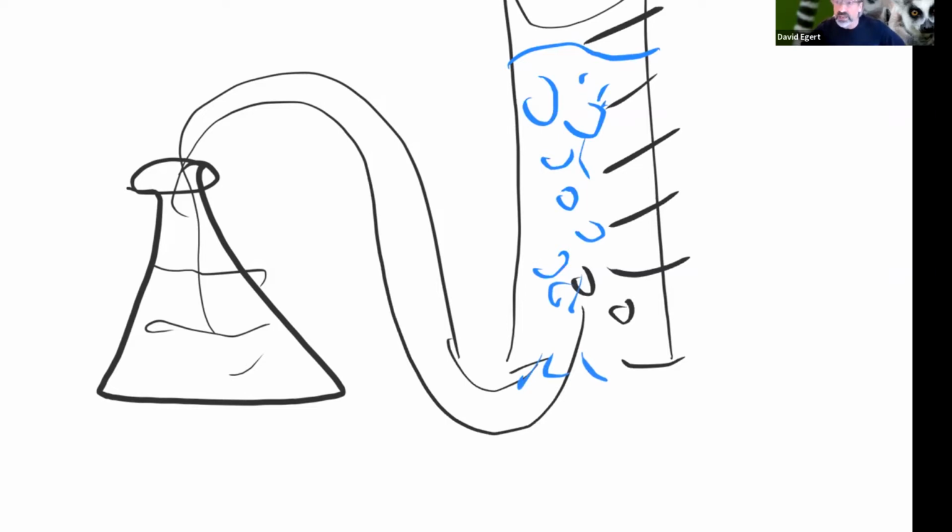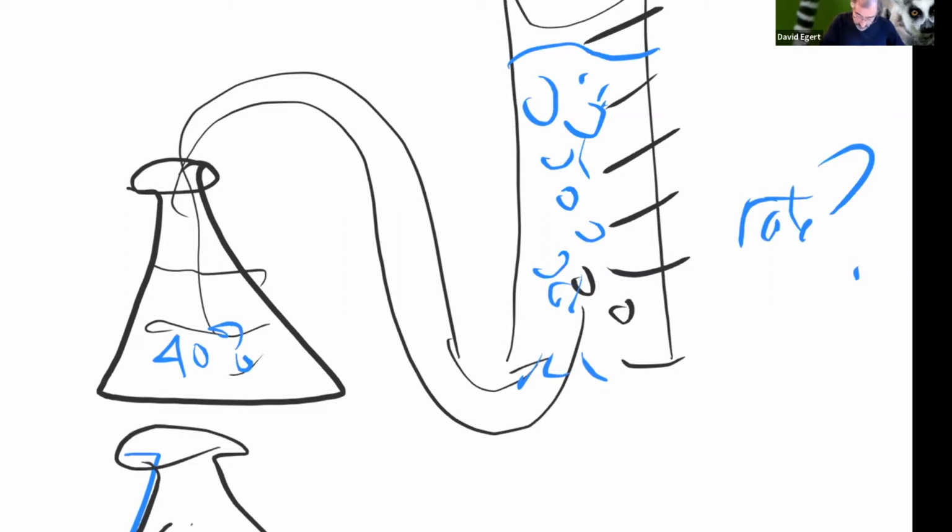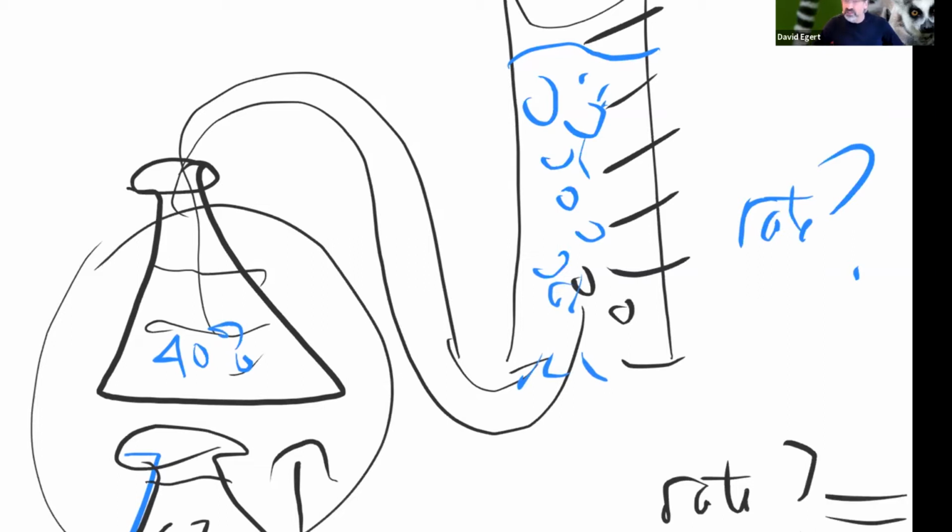The only way I know that I'm at saturation is I do the same experiment at, I don't know, like 40% concentration. What is the rate? I do the same experiment, except now it's at like 60% concentrated substrate. What's the rate? If I've been increasing my substrate, but the rate is not changing, then I know I've saturated the enzyme, that I'm at saturation.